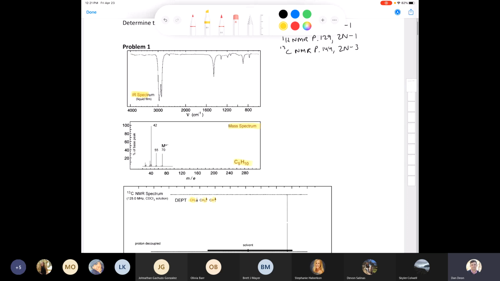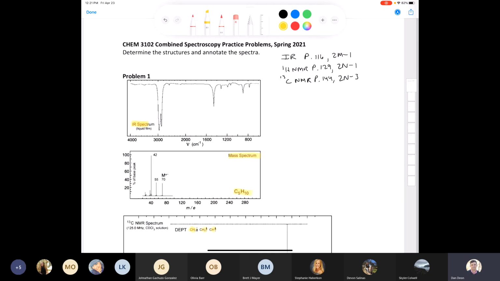So let's get started. The place that I like to start is by looking at the molecular formula. If the molecular formula is given to me, I always like to start there. I use the formula for my HDI, or my U, whatever you want to call it, the hydrogen deficiency index or the units of unsaturation. Our HDI is equal to 1/2 times 2 times the number of carbons plus 2 plus the number of nitrogens, subtract the number of hydrogens, subtract the number of halogens.